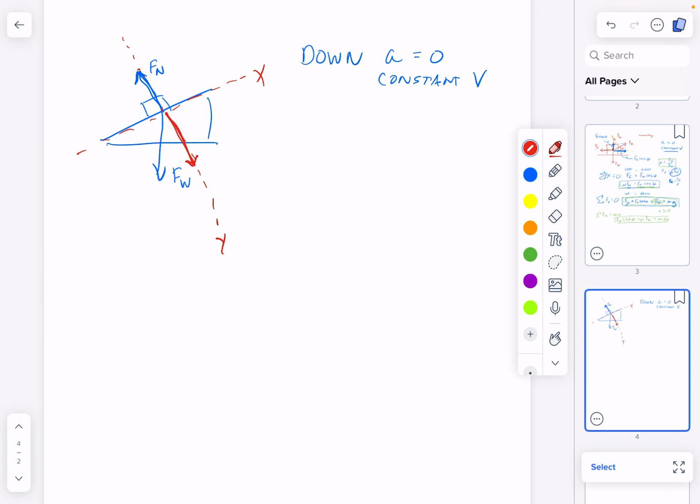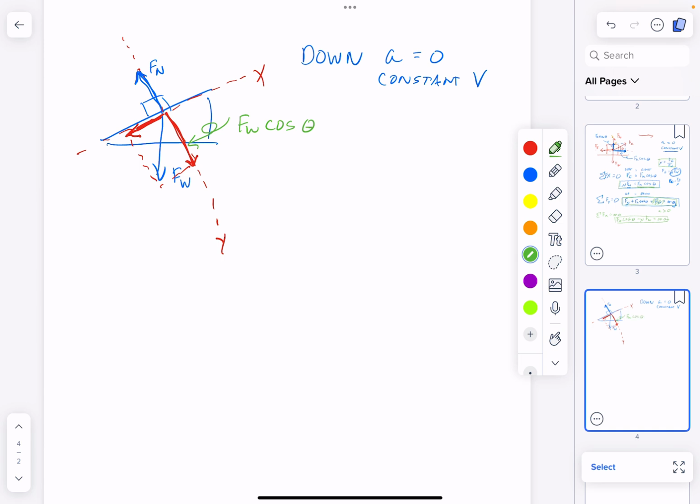Every time you have an object on an inclined plane, resolve the weight vector into its 2 components, making your parallelogram. And when we do that, this vector is going to be my force of weight times my cosine of theta.